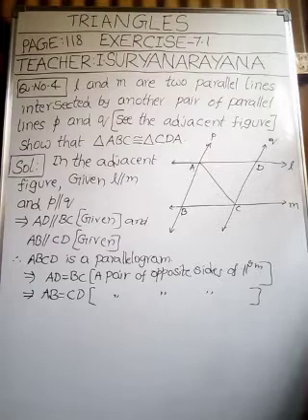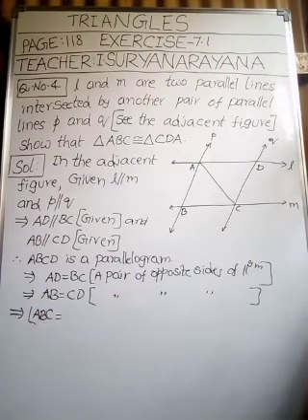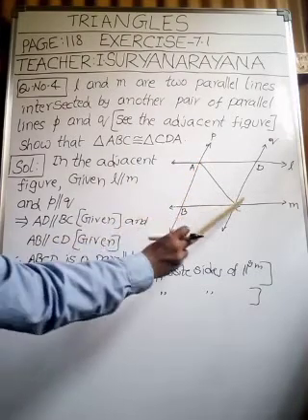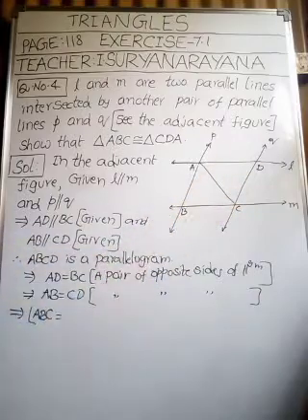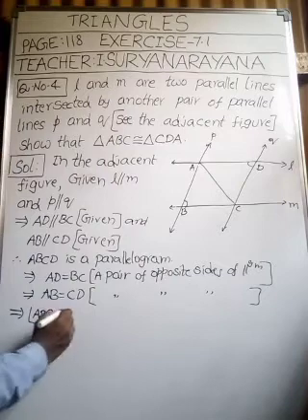Do you remember these properties of parallelogram, my children? This implies angle ABC equal to angle CDA. These two angles are opposite angles of the parallelogram. Isn't it, my children?